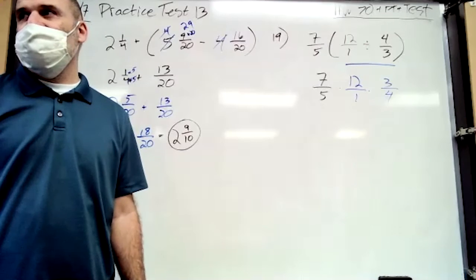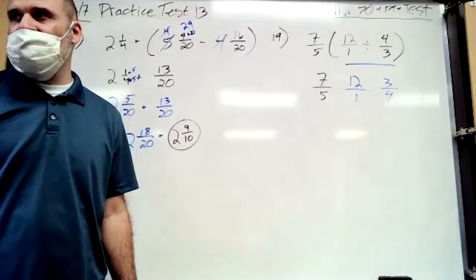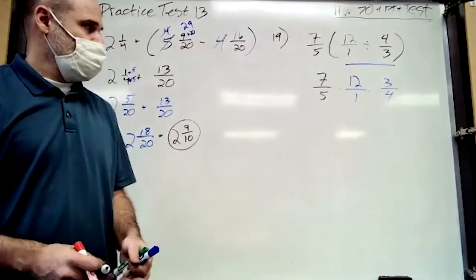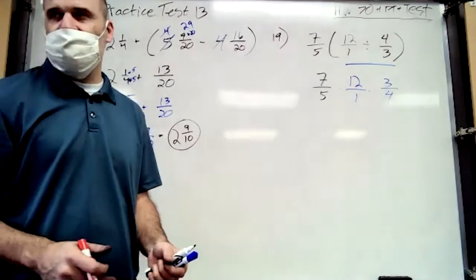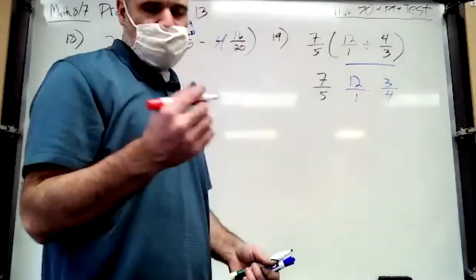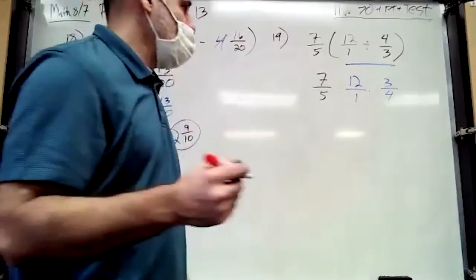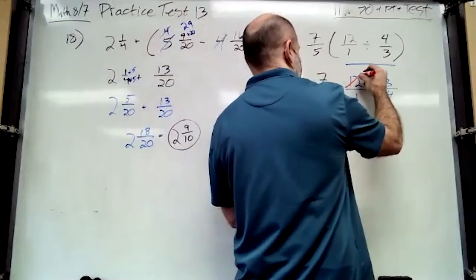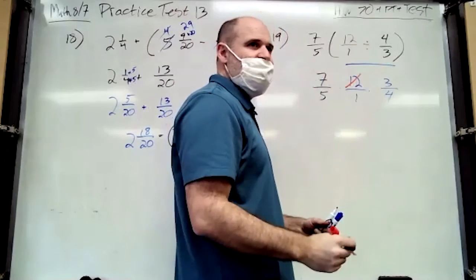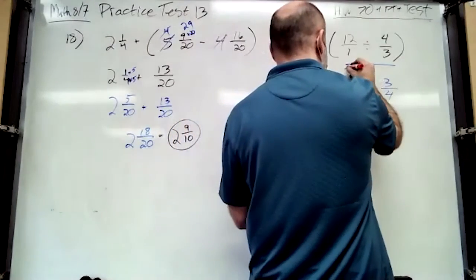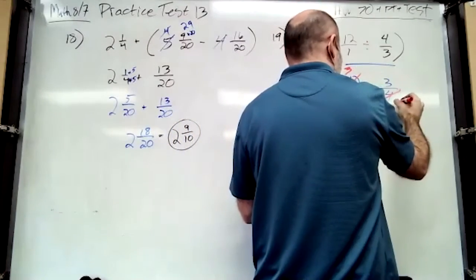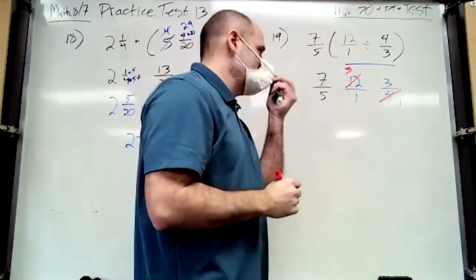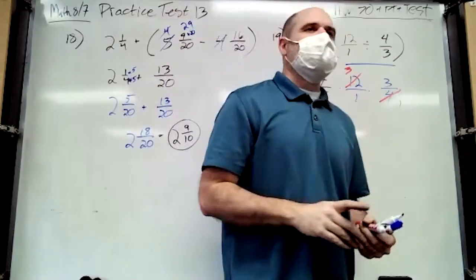So Hunter, what reduces? 12 and 4. All right, what does it reduce to? 3 and 1. Yep. Okay, do you guys want to make the noise? No noise? You guys are less brutal than me. It's like, why would you do that?